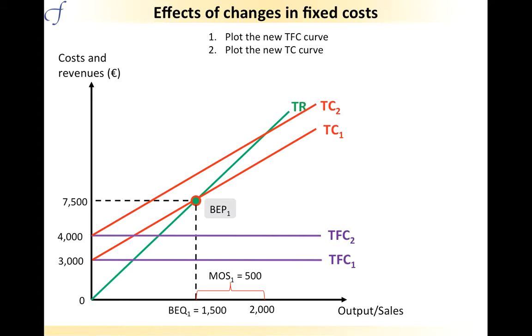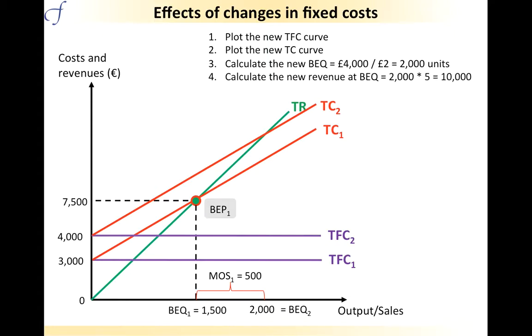We can also know that from calculating the new break-even point, because we can calculate that the break-even quantity now should be equal to the total fixed cost, £4,000, divided by the contribution per unit, which hasn't changed because neither the price nor the average variable cost has changed, and that's equal to 2,000 units. So we know that for our new curve, the break-even quantity is going to be equal to 2,000 units.